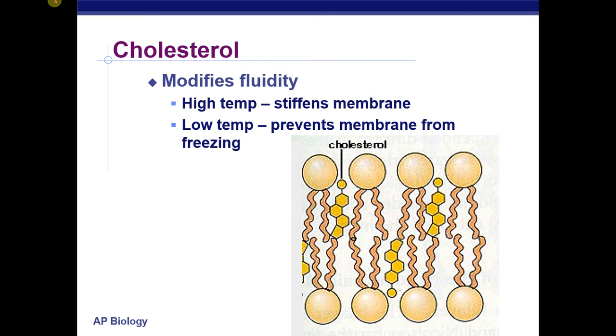But at low temperatures, it prevents the membrane from freezing. So it helps to regulate the plasma membrane's fluidity, not to become too soupy and not to become too rigid. And so cholesterol is found embedded, spaced out between the phospholipids to help maintain that fluidity.